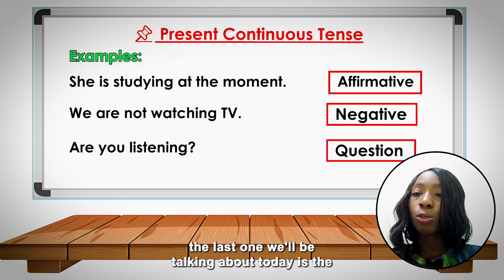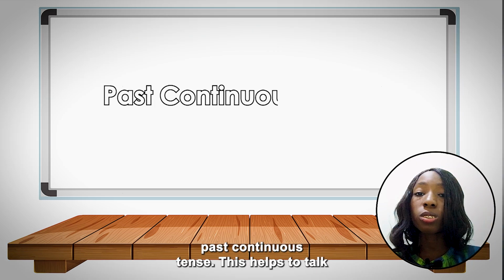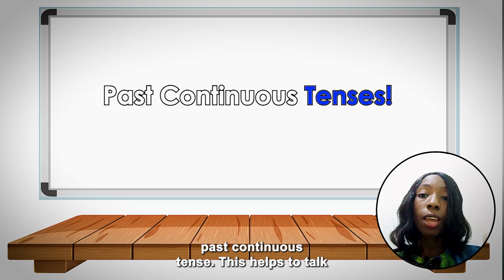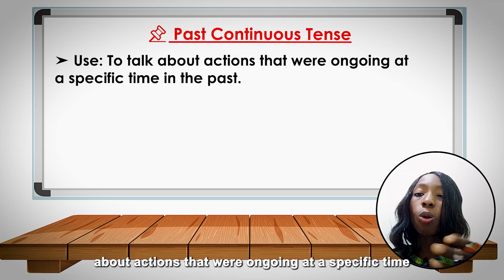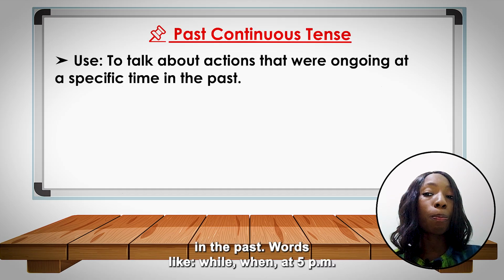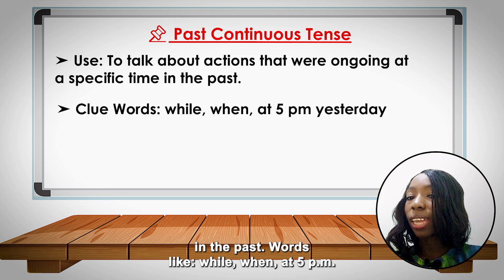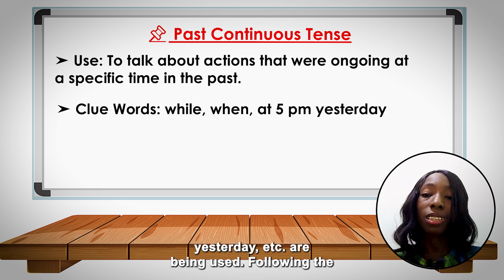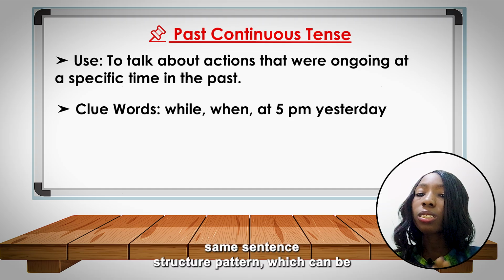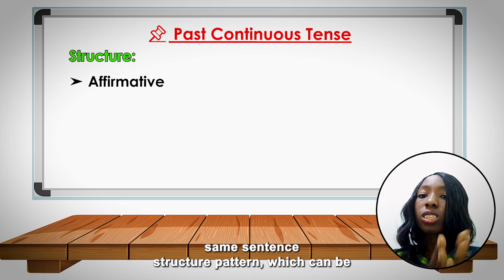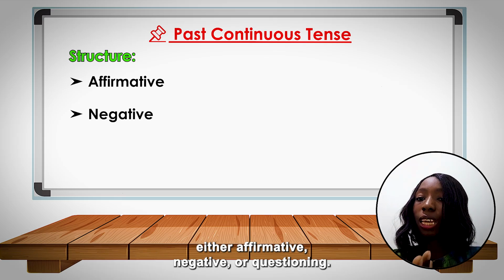And the last one we'll be talking about today is the past continuous tense. This helps to talk about actions that were ongoing at a specific time in the past. Words like while, when, at 5 p.m., yesterday, etc. are being used. Following the same sentence structure pattern, which can be either affirmative, negative, or questioning.